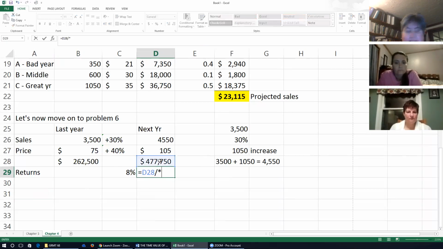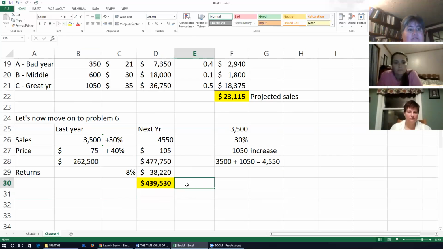So I'm going to take that times 8% and then subtract it and say, okay, well, how much did I really sell? So I really sold, or I'm planning to sell, 439,530.